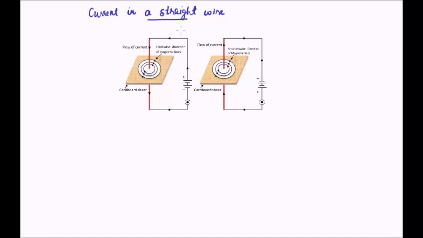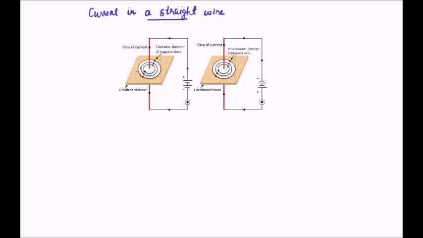So this is my complete setup where I have provided some batteries here for current generation. There is a switch, and this segment of the wire is a straight wire passing through the hole, and random iron filings are sprinkled over the cardboard sheet.